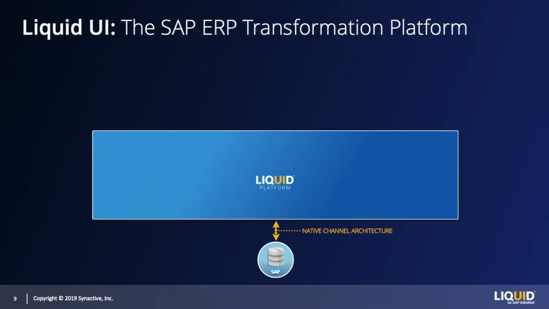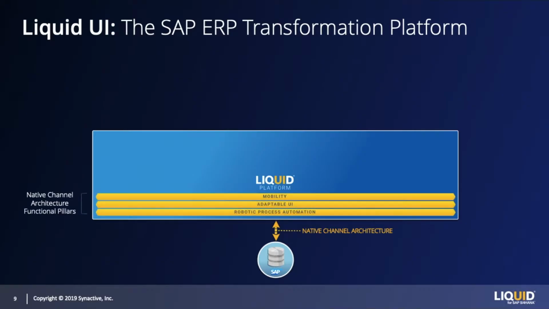The Liquid UI platform is built on the native channel architecture of SAP GUI, and at its core, it embodies three functional pillars: mobility, an adaptable UI, and robotic process automation. These three functional pillars work synergistically to manifest a consumer-grade user experience to an array of different digital enterprise touchpoints.